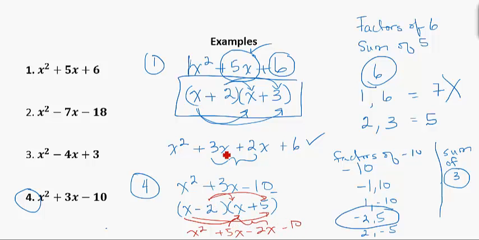And 5x minus 2x is indeed 3x. That's just coincidence. And then negative 2 times 5 is indeed a negative 10. So when we multiply these, we do get that answer. So we know that our factors are correct.